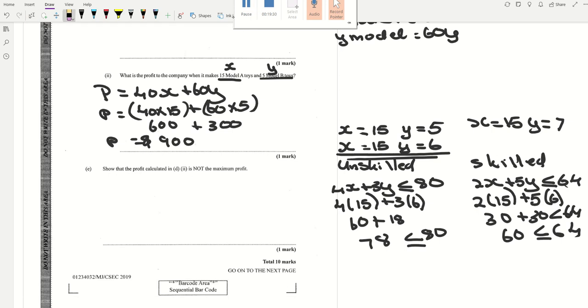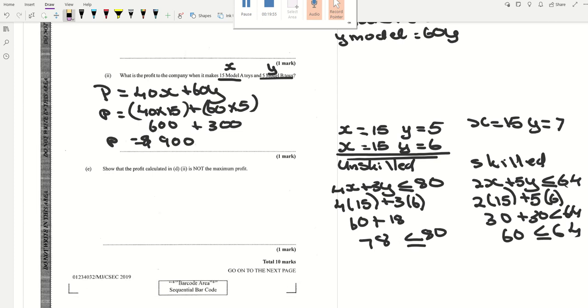They did just say to show the working, so you don't need to explain. If your maximum number of toys is x equals 15 and y equals 6, you can increase both just to make sure. Let's say x equals 16 and y equals 5. Let's see if it satisfies.